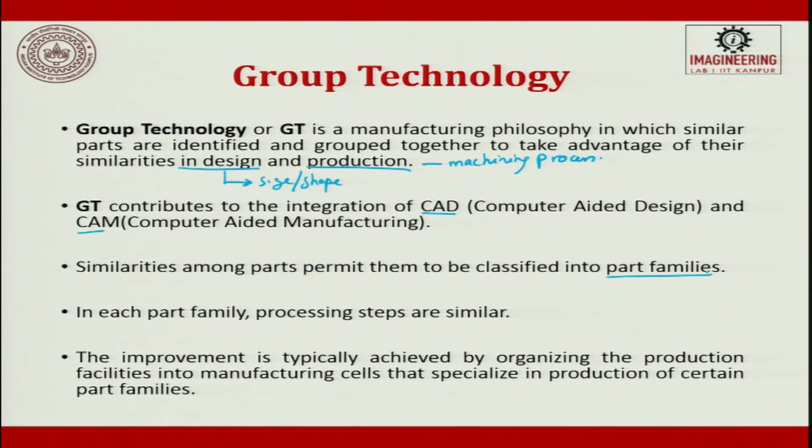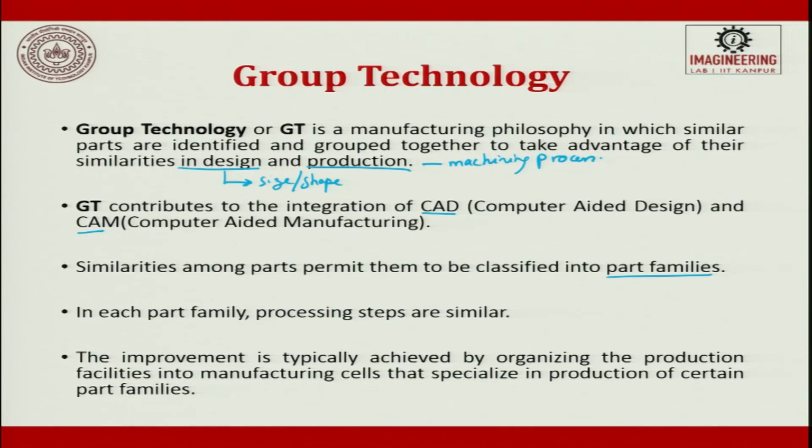This is what I gave you an analogy of, botanical families and zoological families. They look into the similarity whether the animal has 4 legs, 2 legs, mammals. So, they put them under families. Why? Because once you put them under a family, you can generalize and talk about their family characteristics. Same way here, in each part family, processing steps are similar.